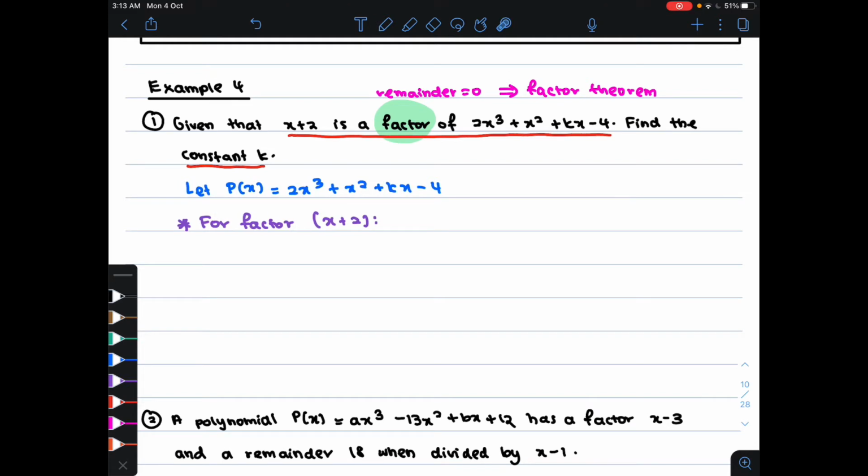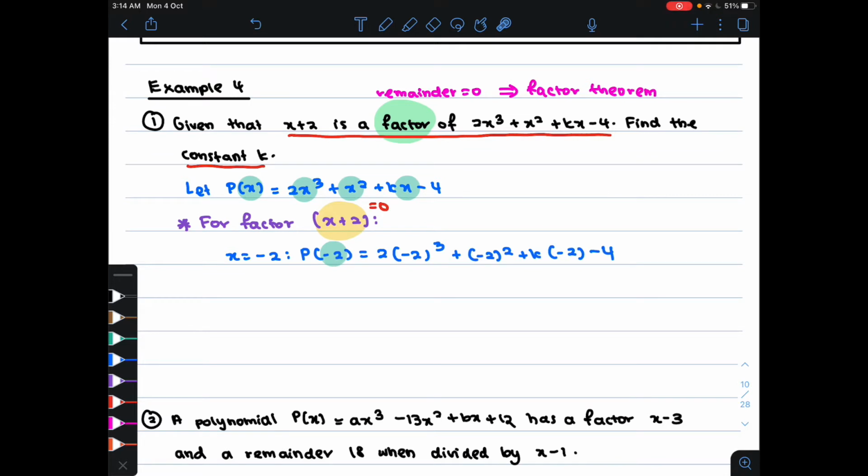Since we already know that x plus 2 is a factor, I like to write factor x plus 2 so that you can remember that x plus 2 is a factor. So this means that your answer should equal to 0. When you let x plus 2 equal to 0, that will give you x equal to negative 2. So substitute x equal to negative 2 into p(x).